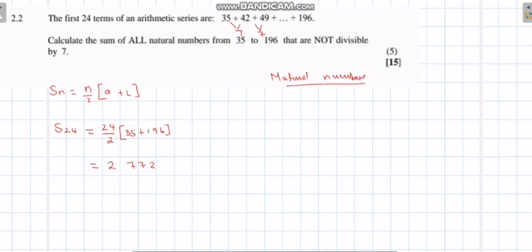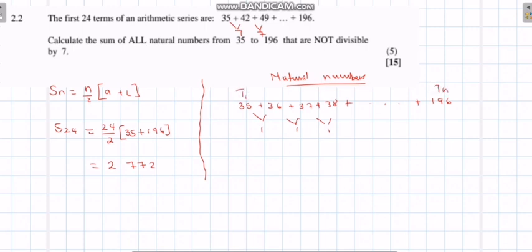Now let's check our natural numbers. We'll calculate the sum of natural numbers, including those which are divisible by 7. We have 35, 36, 37, 38, and then the last term is 196. So what is our difference? It's 1, 1, 1. Now let's check how many terms we have. This is term number 1, and this is our last term.